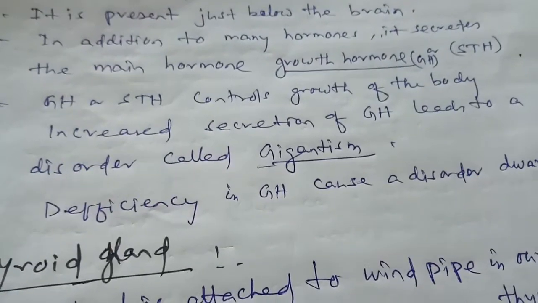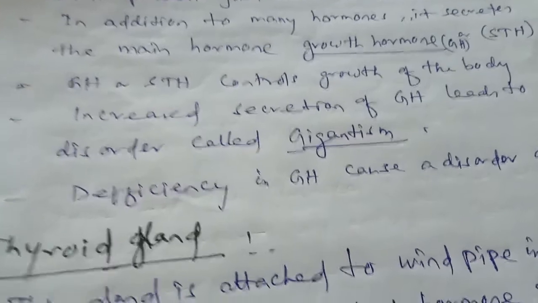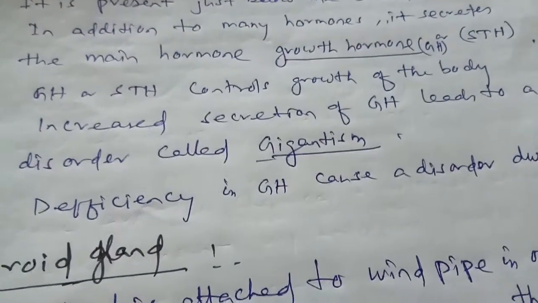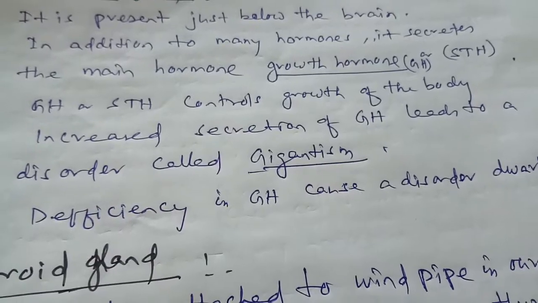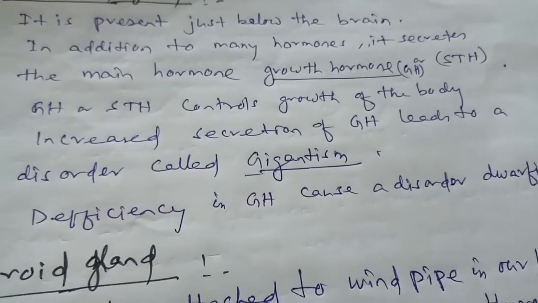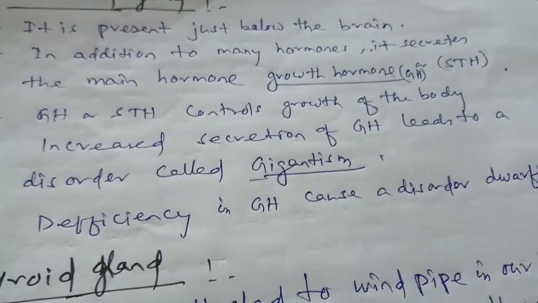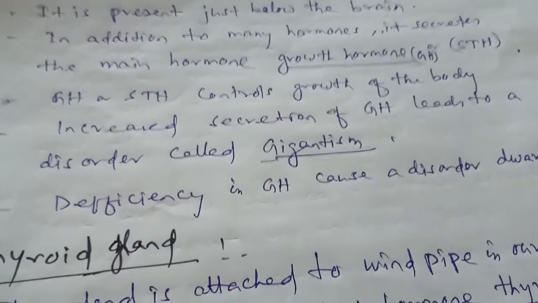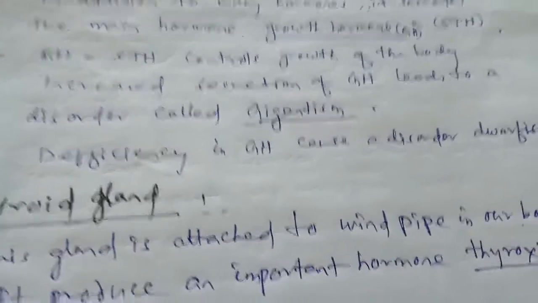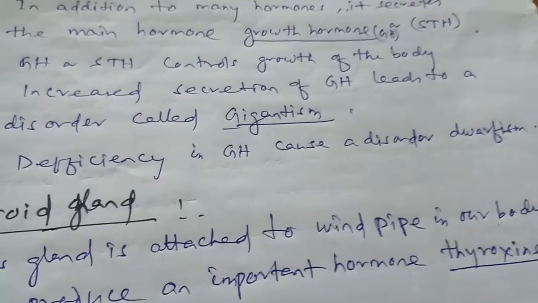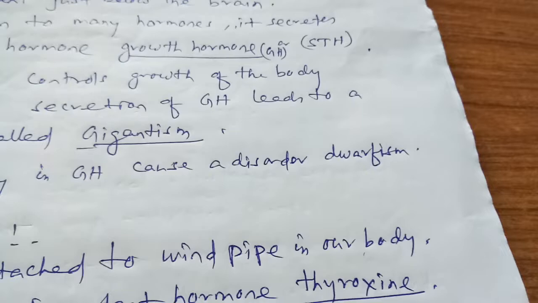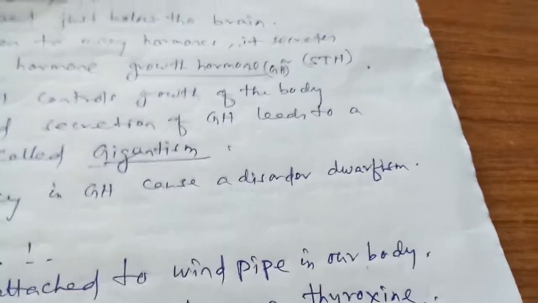Increased secretion of growth hormone leads to a disorder called gigantism, where the body grows disproportionately, and the head, hands and legs are not in proper growth. Similarly, deficiency of growth hormone causes another disorder called dwarfism, where the growth is not proper according to the age.